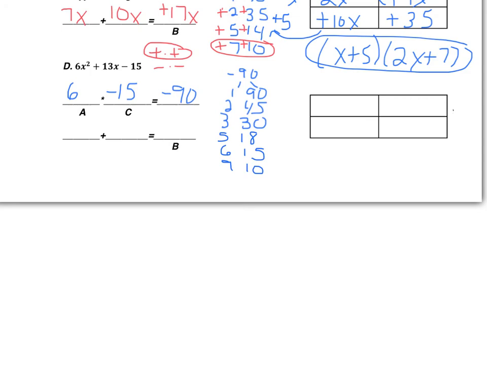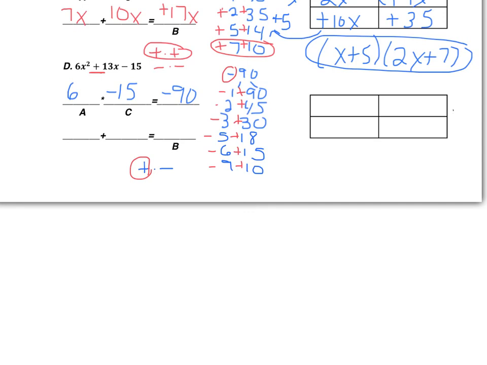And then we're going to look at the sign. The only way to get a negative is a positive times a negative. And on step 4, it said if it's a negative number, then the middle sign dictates which one's bigger, and that is the positive. So all the bigger numbers are positive, and all the smaller numbers are negative.